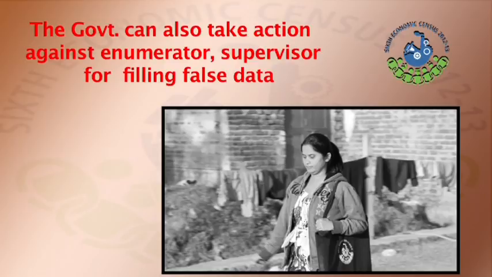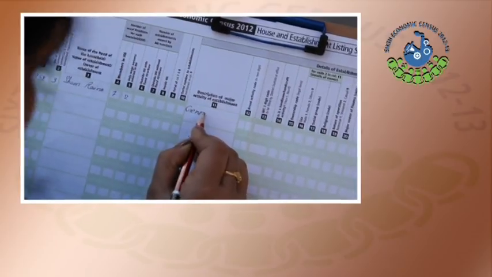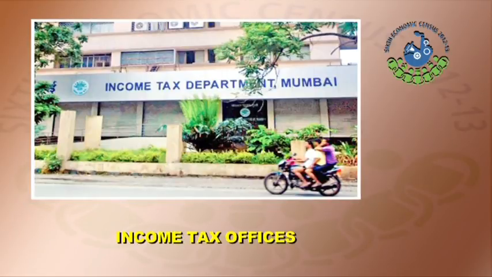And not only this, if you fill in the information without seeking it, you too can be charged with a criminal offence. One more important thing: all the information would be kept secret and would not be forwarded to income tax or any other agency dealing in tax or labour law.